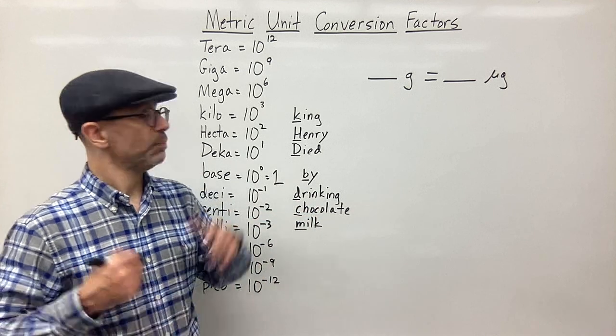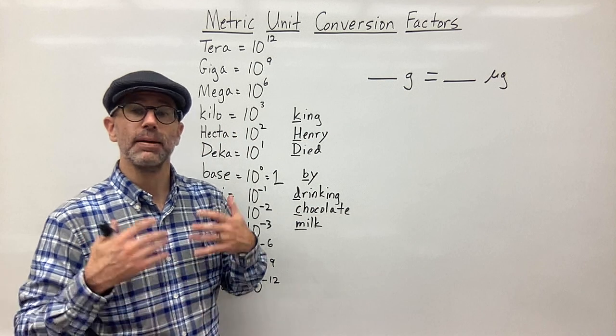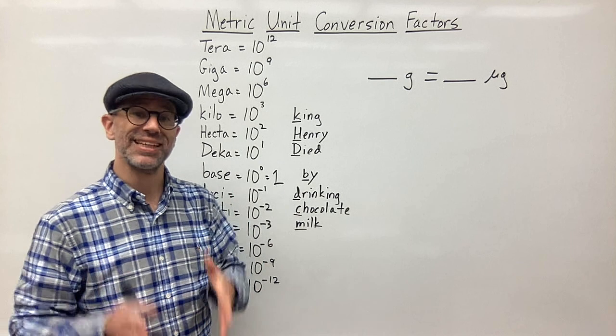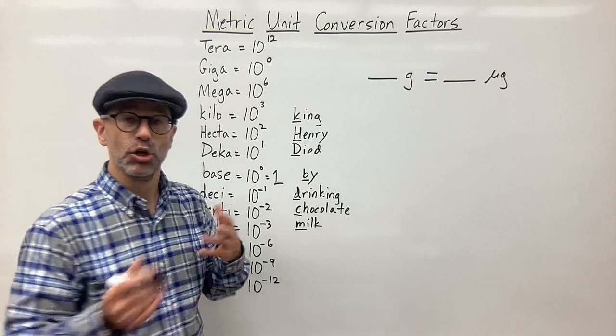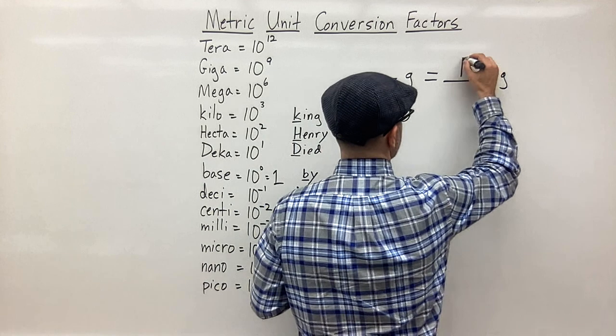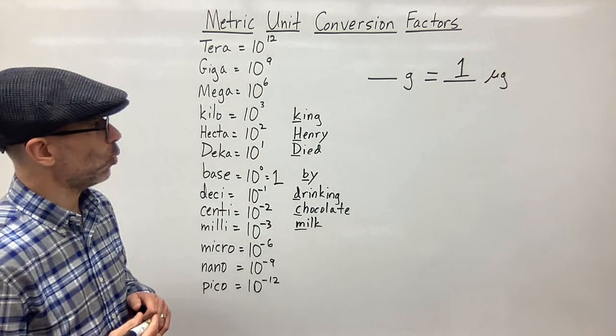So what I do is I always put the 1 with the metric unit that has the prefix. The prefix gets the 1. And I'll show you in a moment why that is. So I'm going to put 1 with microgram because micro is the prefix.